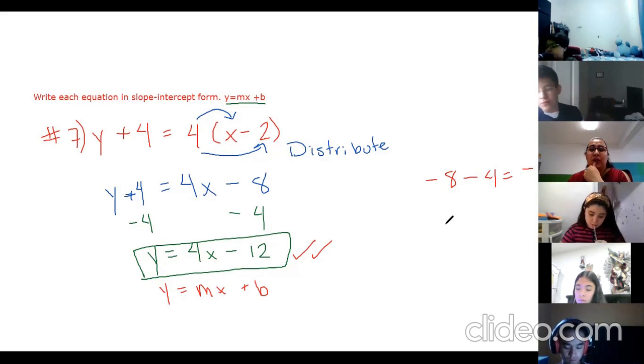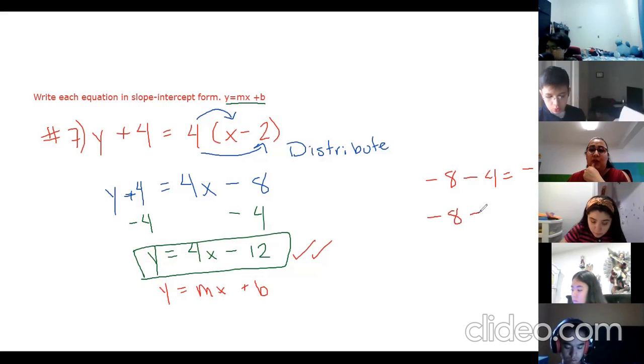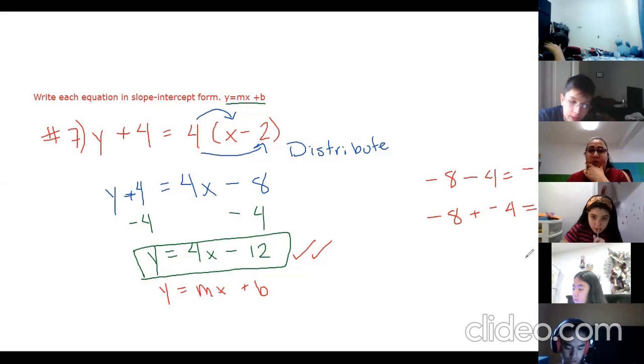Remember that when you subtract, you add the opposite. So it would actually be negative 8 plus negative 4. A negative and a negative, they're the same sign, so we add them and we put the sign that we're using. That's why it's minus 12.